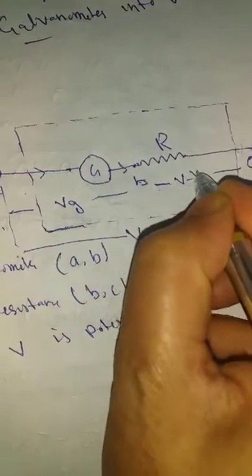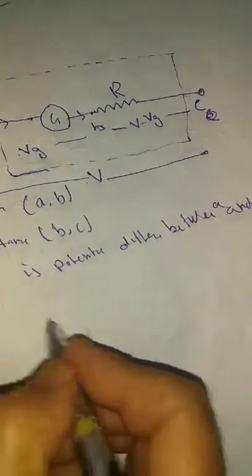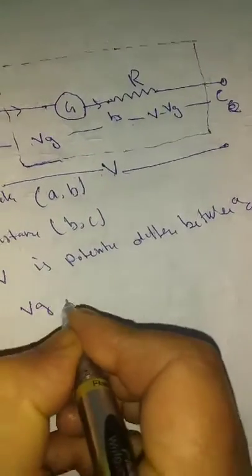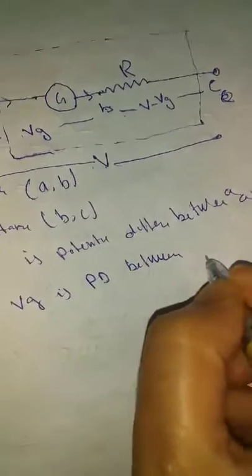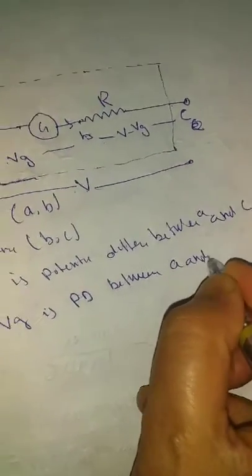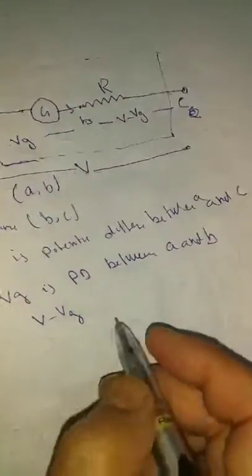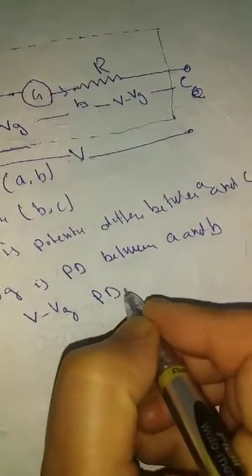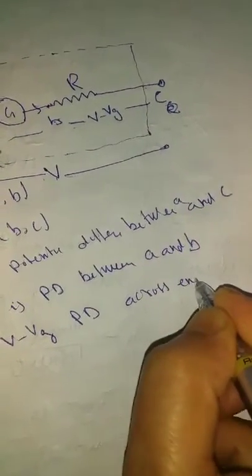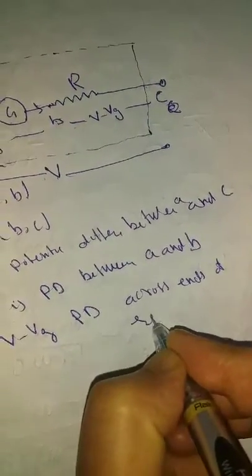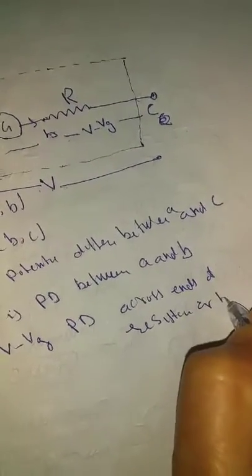It is V minus Vg, because the total potential difference is V. Vg is the potential difference between A and B. V minus Vg is the potential difference across the ends of the resistance, between B and C.